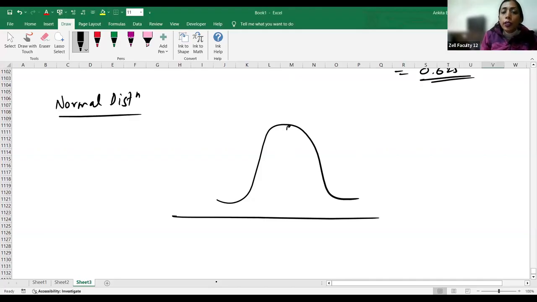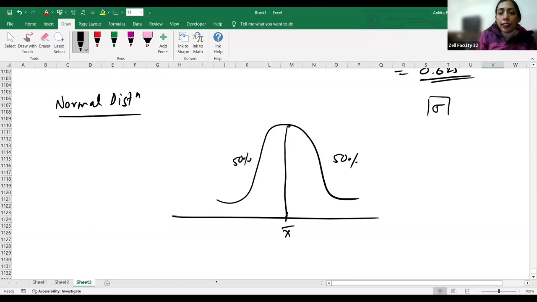I told you that this central part is the mean. Now I have equal probability of values lying below the mean and equal probability of values lying above the mean. I calculated the standard deviation, remember?